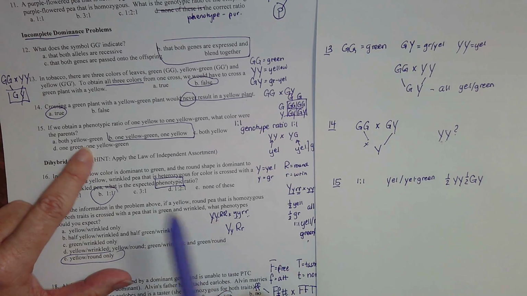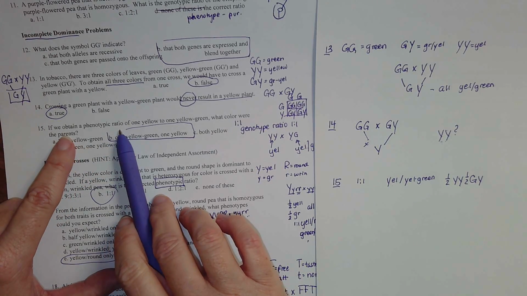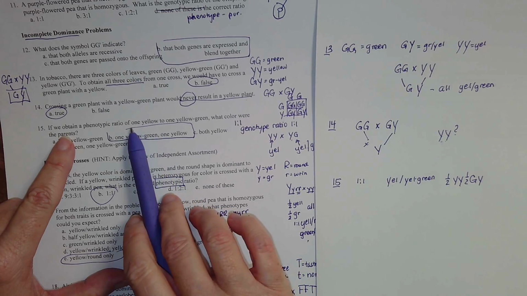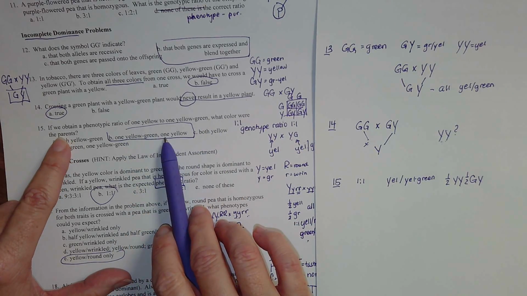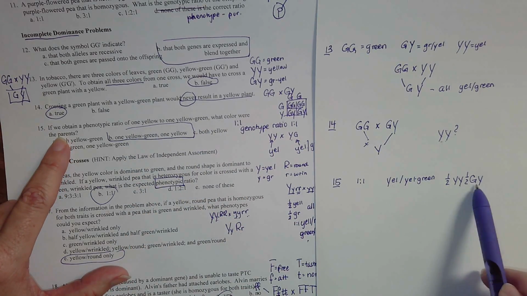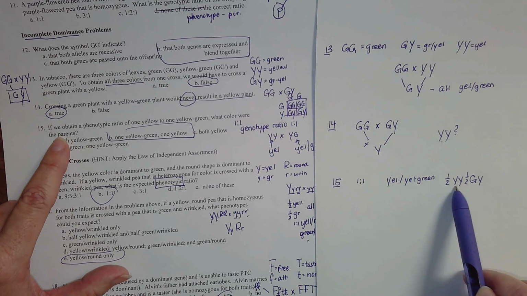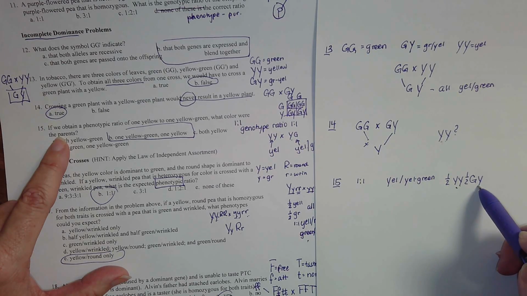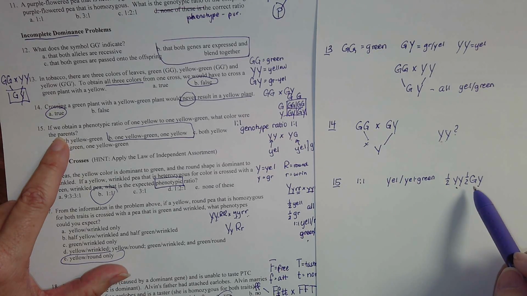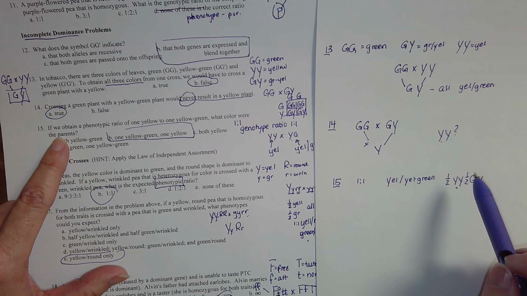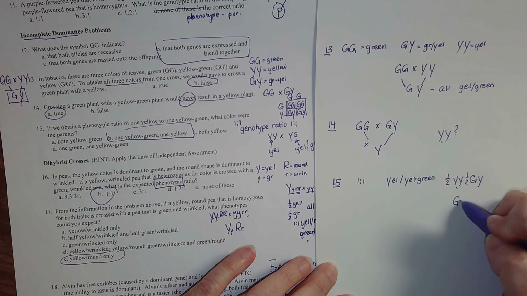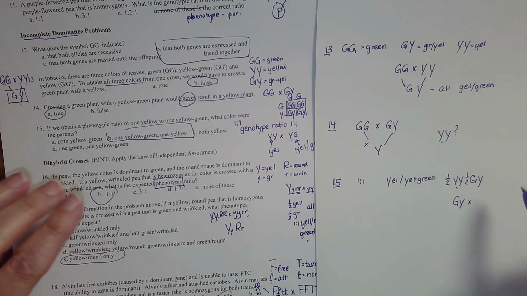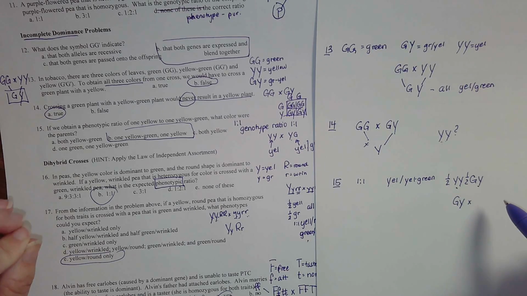My question says, to obtain a phenotypic ratio of 1-to-1, what color were the parents? The only way I can get this combination is if that's what the parents were. So if I get half my offspring with one genotype and half with the other, 1-to-1 means that one of the parents has to be heterozygous, and then the other parent was homozygous.